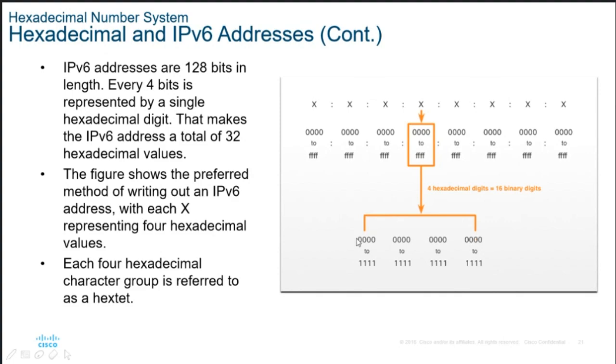So isang ganito ay 16 binary digits, equals to 128 bits lahat yan. Each 4 hexadecimal character group is referred to as a hextet, tinatawag naman siyang hextet. Yung isa ay octet. Ito naman ay separated by colon. Okay? IPv6.